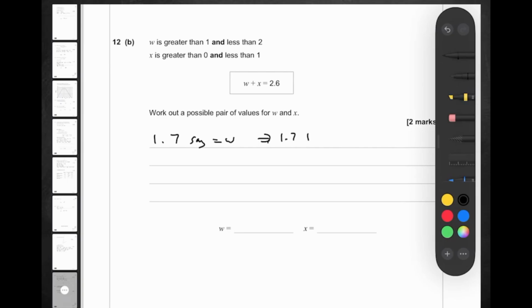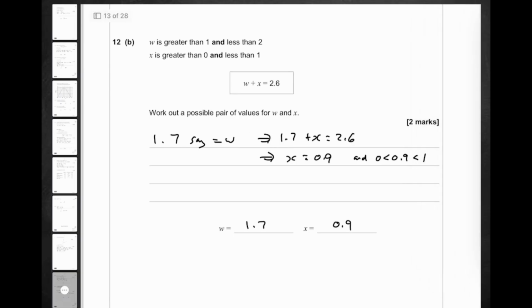Therefore, 1.7 plus X equals 2.6. Therefore, X would be 0.9. And 0.9 is between 0 and 1. So that will be our answer. Again, many different options here, but that one works.